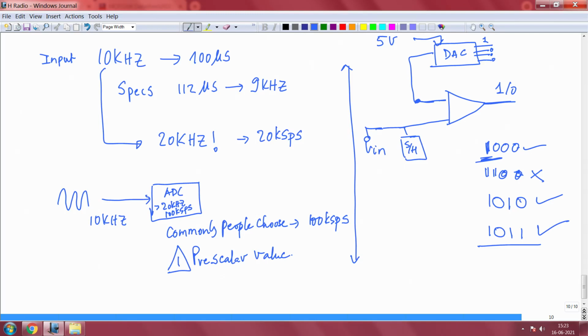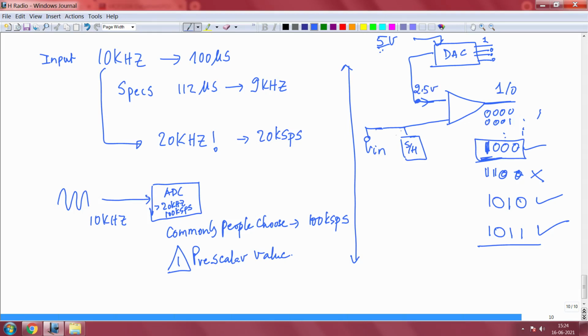This will be exactly at half, correct. If you go above 0 0 0 0, 0 0 0 1, 1 0 and all that, then 1 here is essentially exactly half. Half of 5 volts is how much? 2.5 volts. So if this pattern is sent, it is giving you 2.5 volts, that is all.